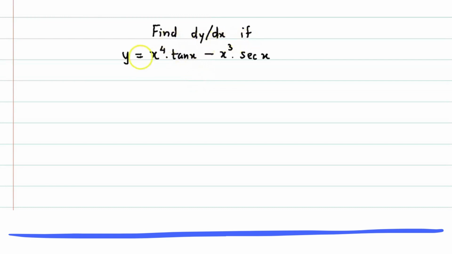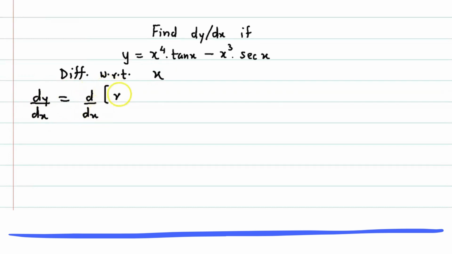Find dy by dx if y is equal to x raised to 4 into tan x minus x cube into sec x. So we differentiate with respect to x, and we have dy by dx is equal to derivative of x raised to 4 into tan x minus x cube into sec x.